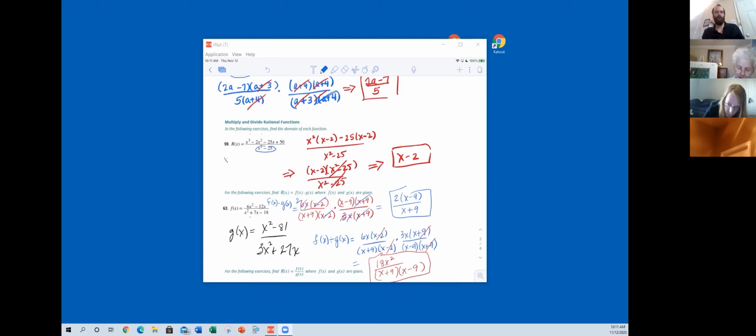So we say x minus 5 times x plus 5 is my domain. And so x minus 5 cannot equal 0, and x plus 5 cannot equal 0. So x can't equal 5, and x cannot equal negative 5. So we really didn't have to do anything more than that because that's the directions. They just wanted the domain.